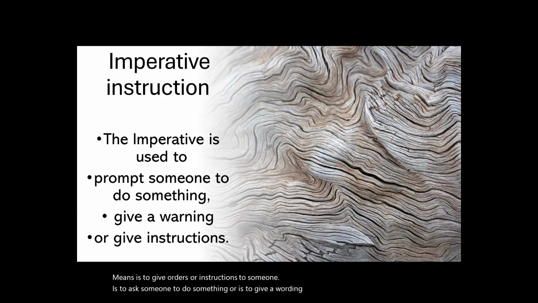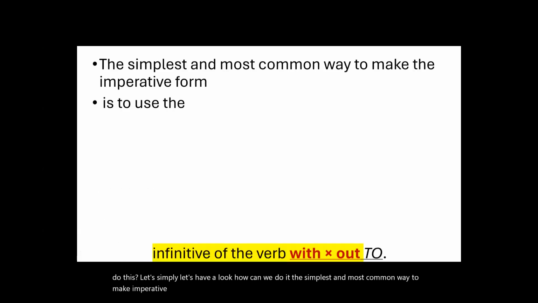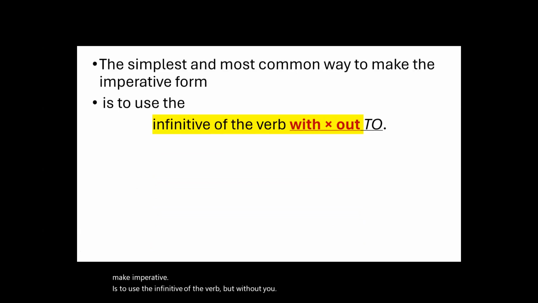How can I do this? Let's have a look how we can do it. The simplest and most common way to make the imperative form is to use the infinitive of the verb but without to.